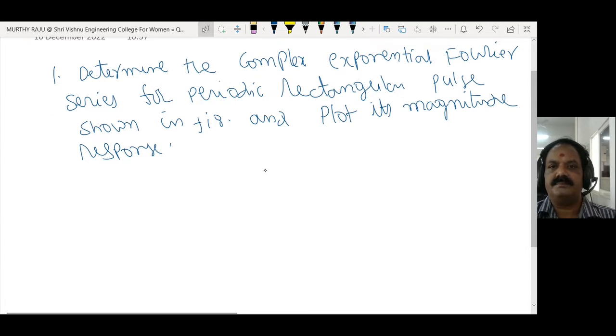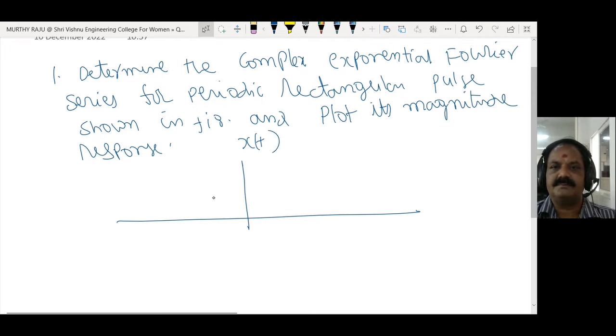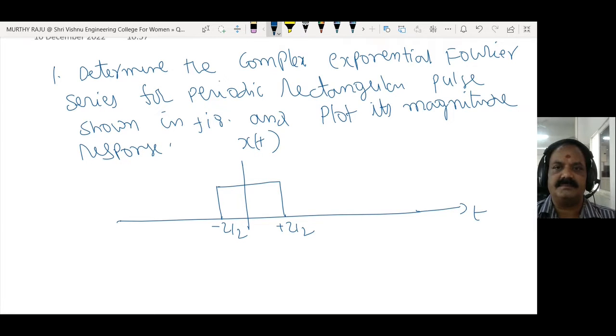This is the waveform, x of t, from minus tau by 2 to plus tau by 2. This is the t-axis.